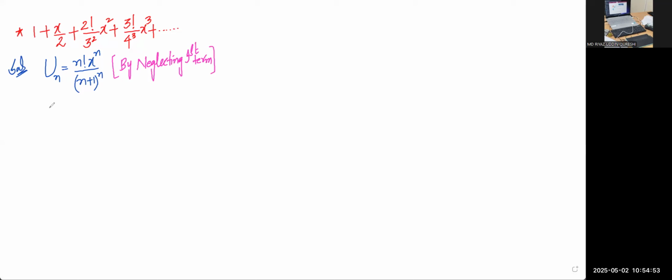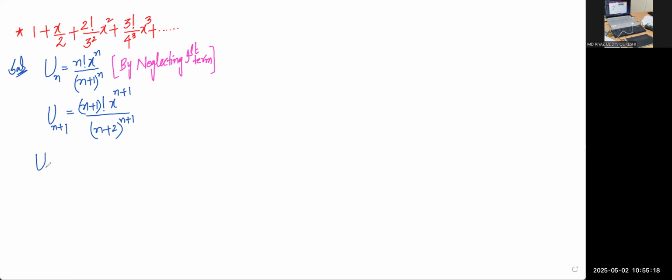Un plus 1 we can get, which is equal to every n replaced with n plus 1. The factorial as it is, every x as it is, and n is replaced with n plus 1 divided by n plus 1, so together it becomes n plus 2, raised to the power of n plus 1. This is un plus 1.